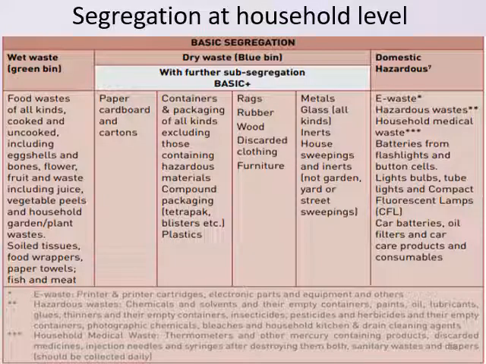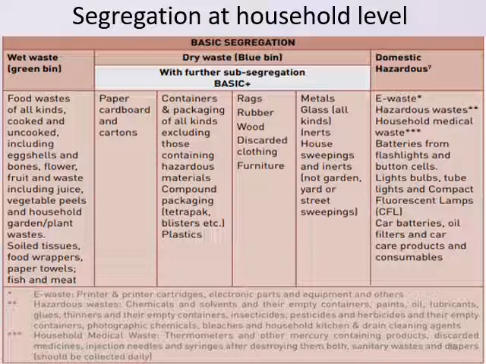So for segregation at household level, as we have already discussed, wet waste goes in the green bin, dry waste in the blue or white bins, and domestic hazardous waste should be kept in black bins. So these are examples of different types of waste according to these basic three levels.